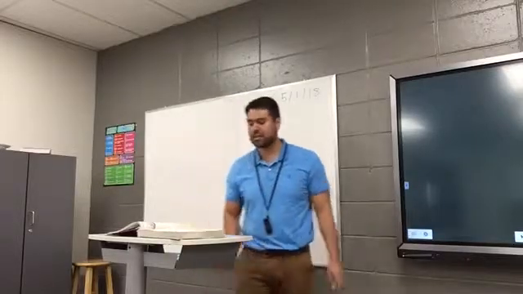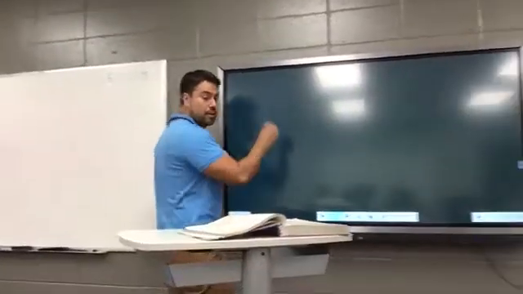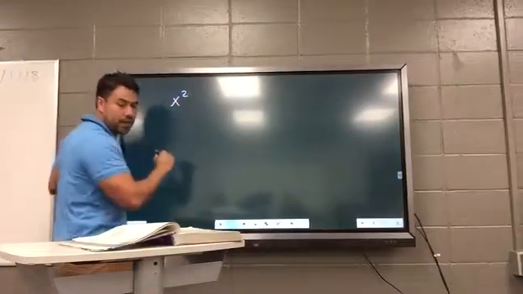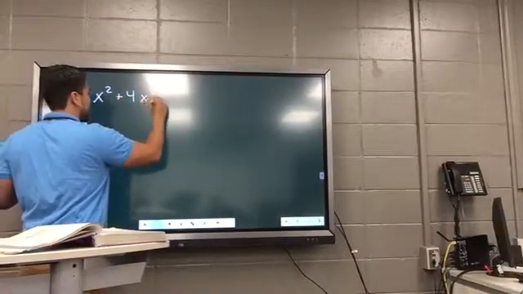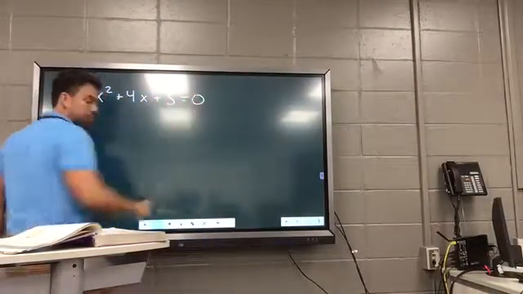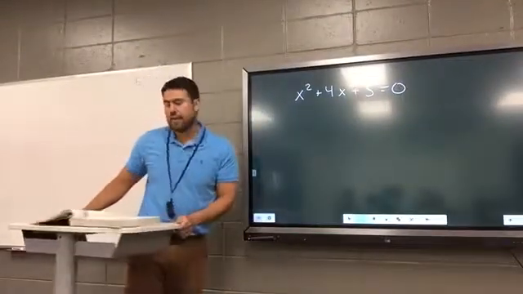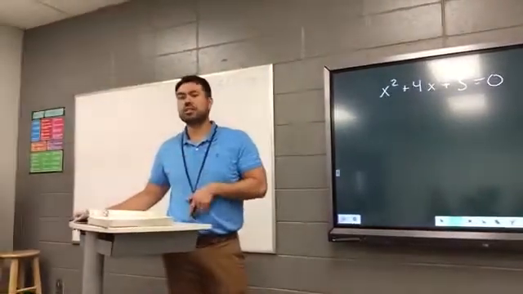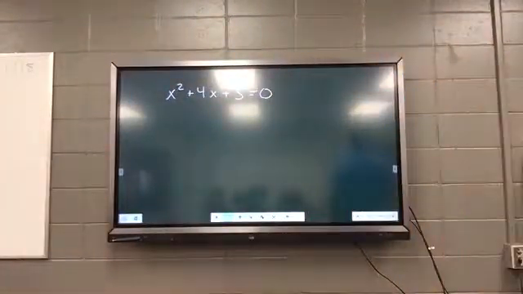Number 7 on page 746. I want you to solve x squared plus 4x plus 3 equals 0. And all I'm telling you to do is solve. Just solve it, whatever way you know.